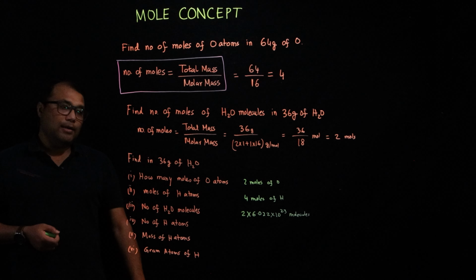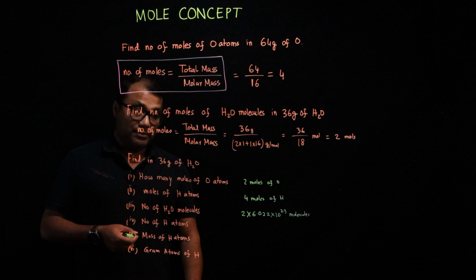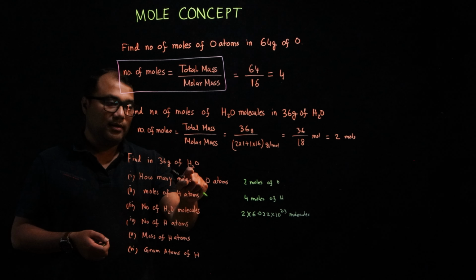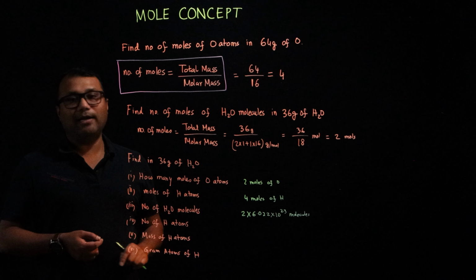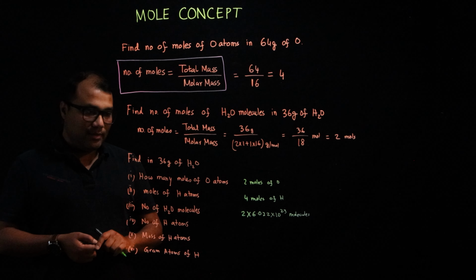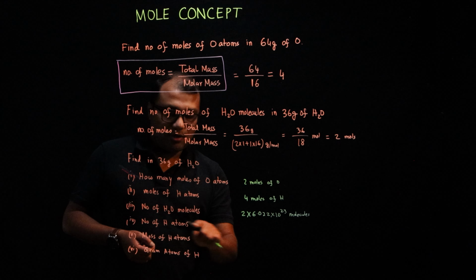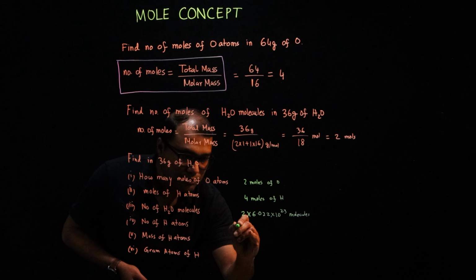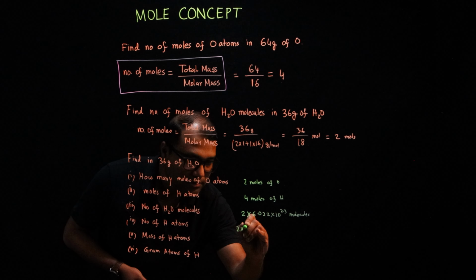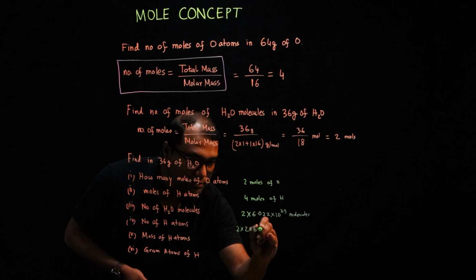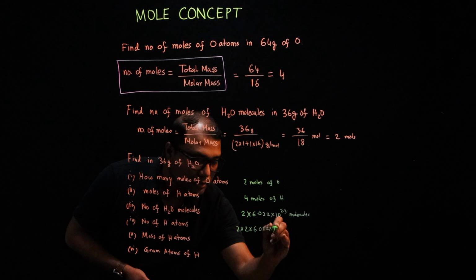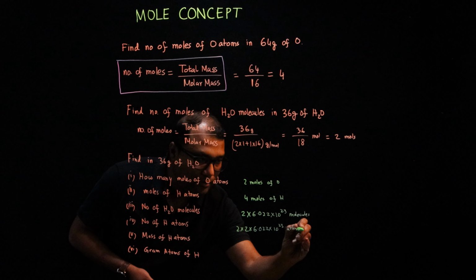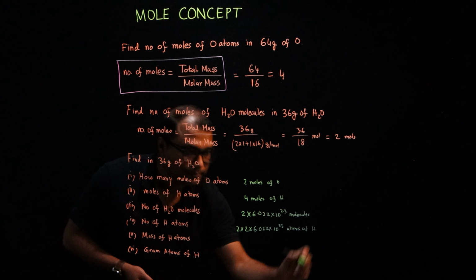Number of hydrogen atoms. In each molecule of H2O there are 2 atoms of hydrogen, and there are so many molecules of H2O. So how many atoms of hydrogen? 2 times this: 2 into 6.022 into 10 to the power 23 atoms of hydrogen.